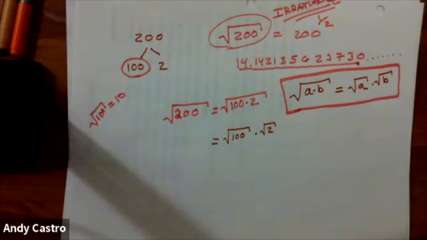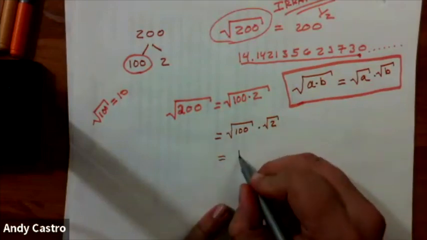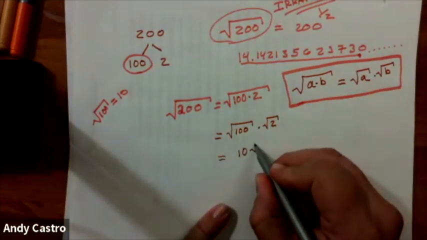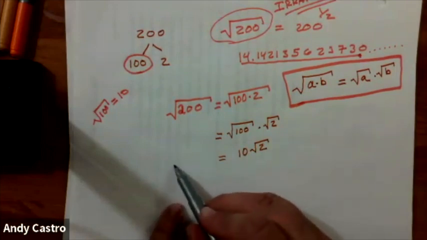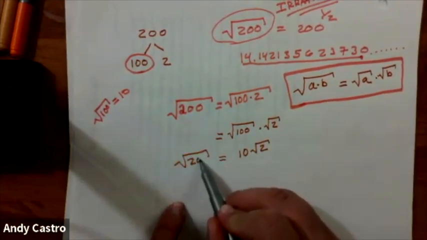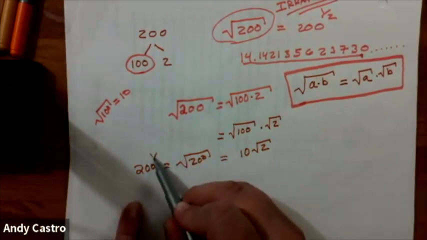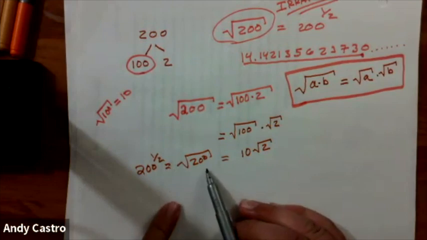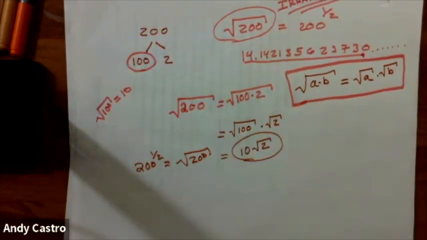The square root of 100 is 10, and then we have times the square root of 2. So the square root of 200 is 10 times the square root of 2. And that's also an exact answer.